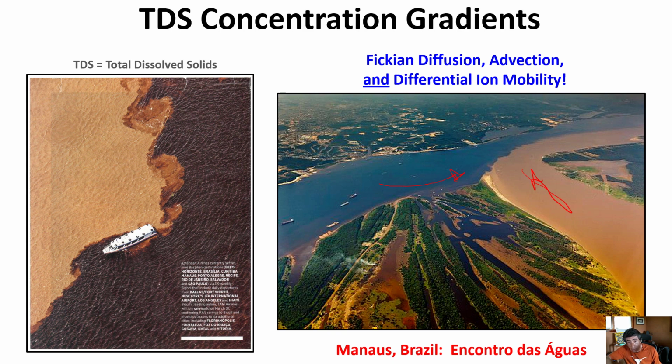And why do we have differences in color? Because we have differences in concentration of dissolved solids or even electrolytes. So when this concentration gradient happens, then immediately we have Fickian diffusion. The solids and the ions with these so different concentrations will tend to equilibrate, and the equilibration takes place according to a Fickian diffusion process.